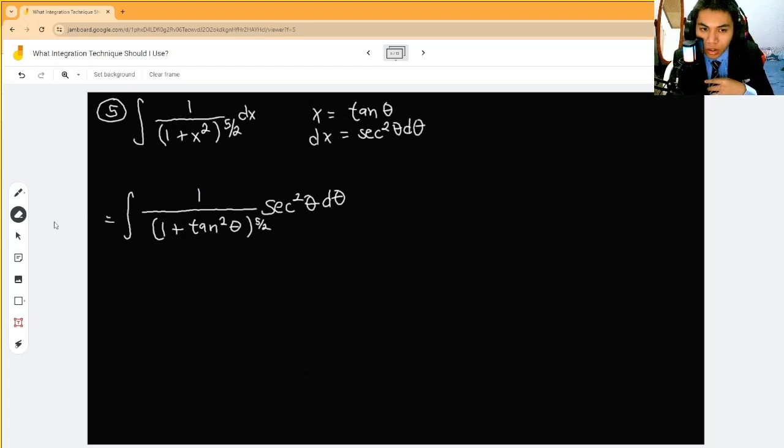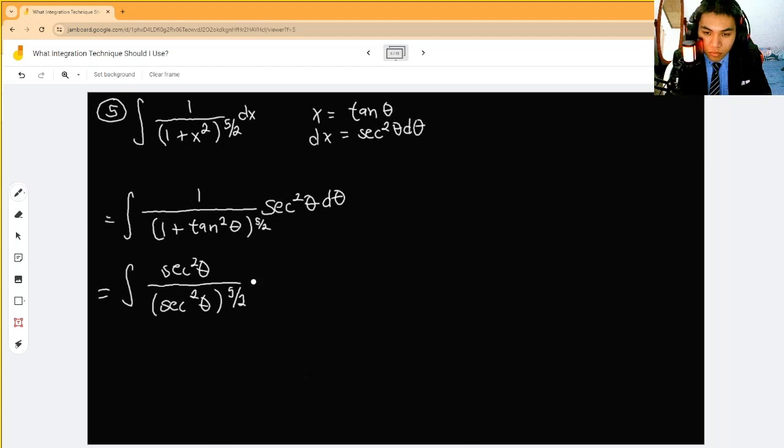We have now the integral of secant squared theta over 1 plus tangent squared theta, which is the same as secant squared theta, raised to 5/2, d theta.